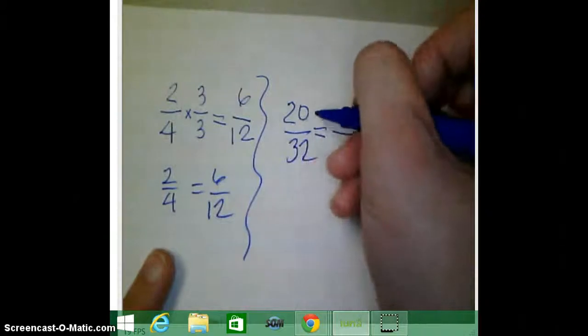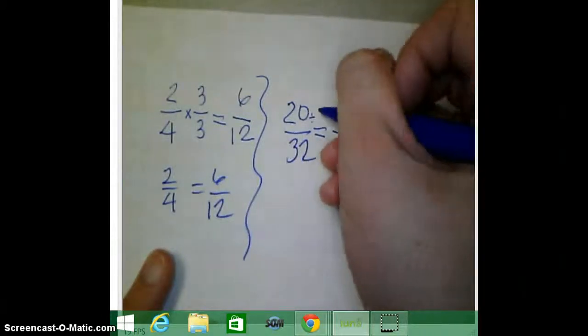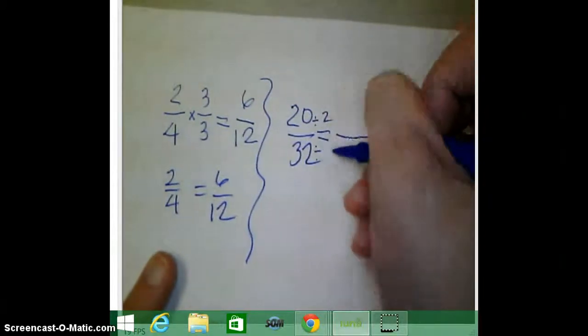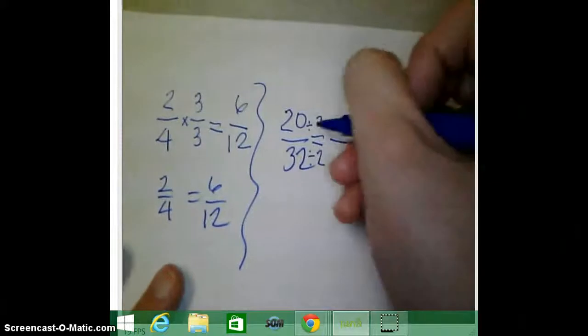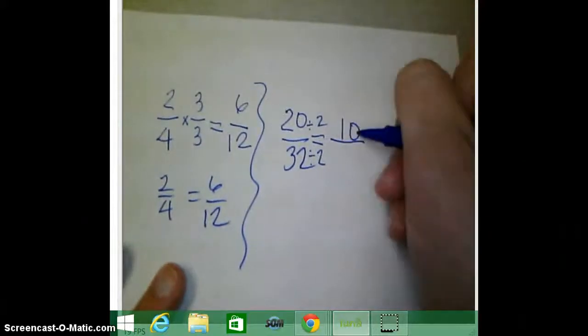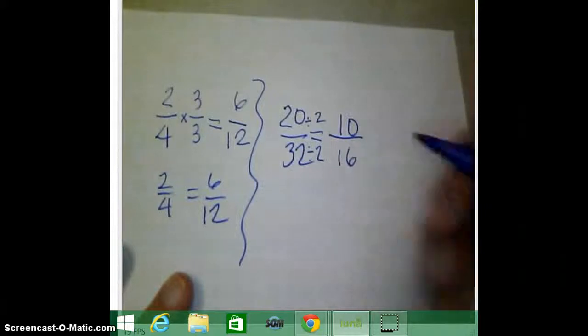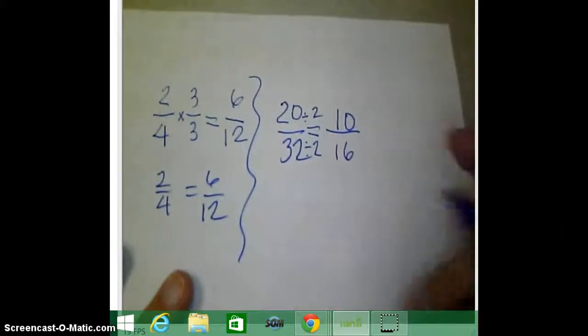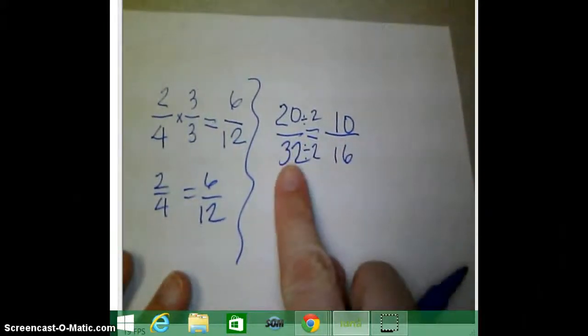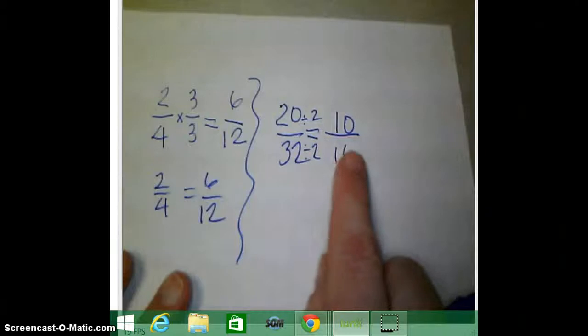So 20, let's just divide by 2. And if I divide the top by 2, I'm going to divide the bottom by 2. Well, 20 divided by 2 is 10, because 10 times 2 is 20. And 32 divided by 2 is 16. So one example of an equivalent fraction for 20/32 is 10/16.